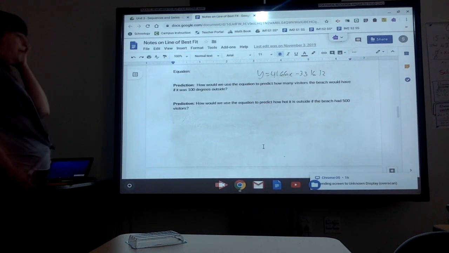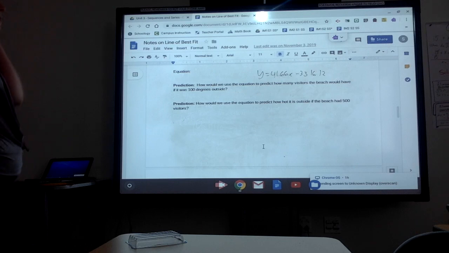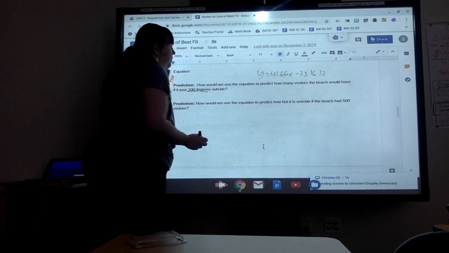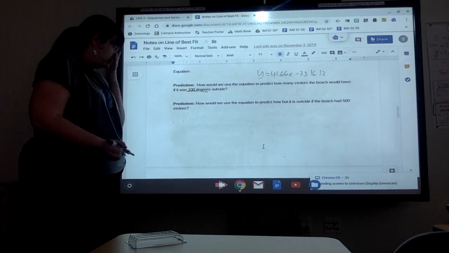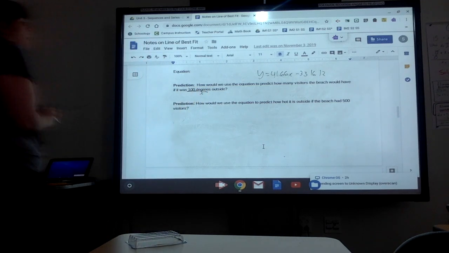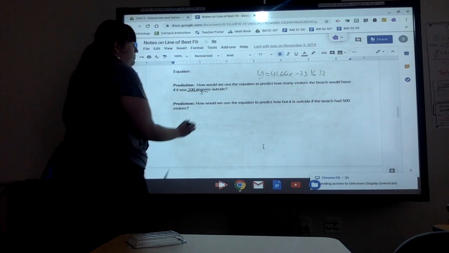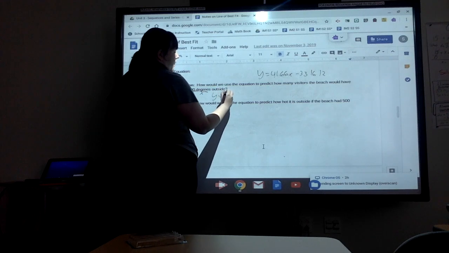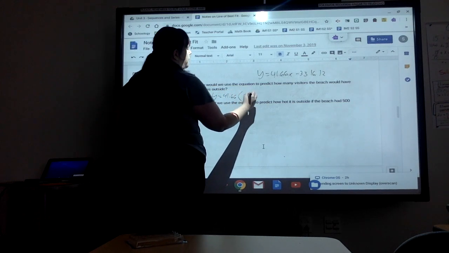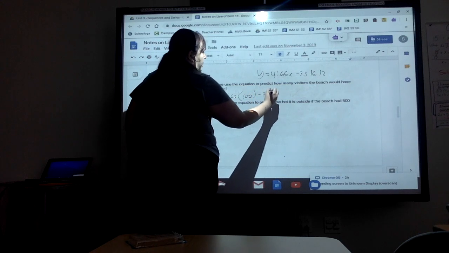So I could say, how could we use the equation to predict how many visitors the beach would have if it's 100 degrees outside? Degrees, if you remember our graph, was x, right? So what we do is we take the equation, y equals 41.66, but instead of x, I'm going to plug in the 100 they asked me to plug in.